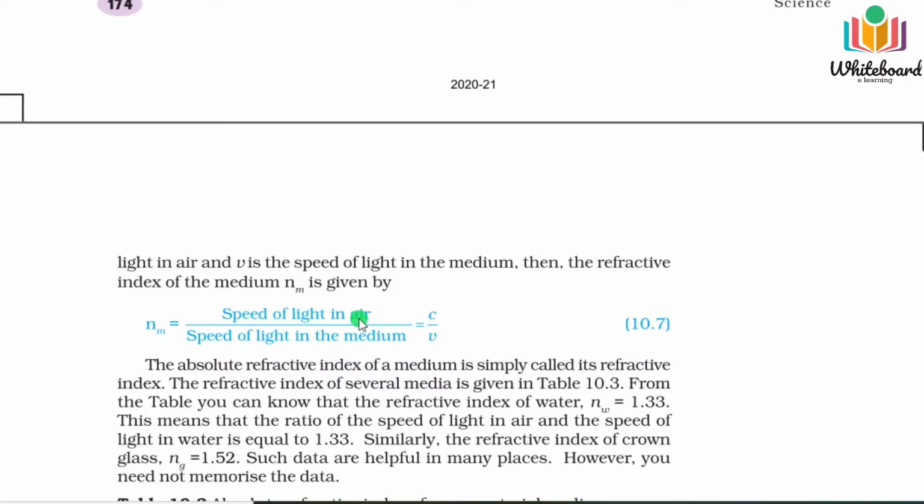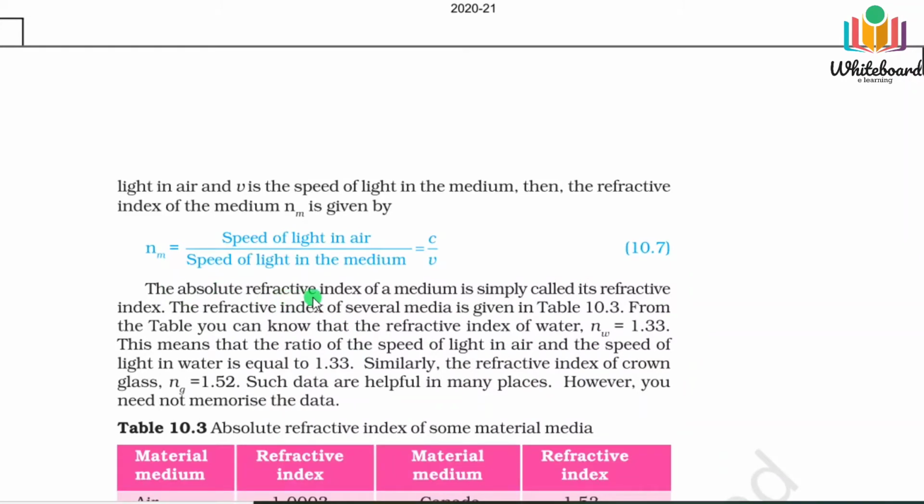So this is the speed of light in air, that is c, and the speed of light in the medium, that is v. So this is nothing but the refractive index of any particular medium. It is coming from that medium, so this is the second medium. The second medium's speed is given below, and the speed of light in air will be on the upper side of the fraction. So this is the absolute refractive index.